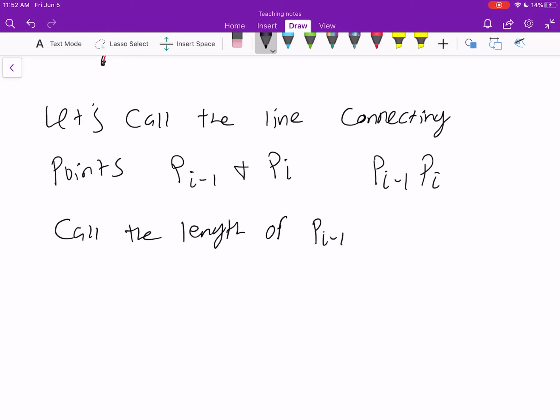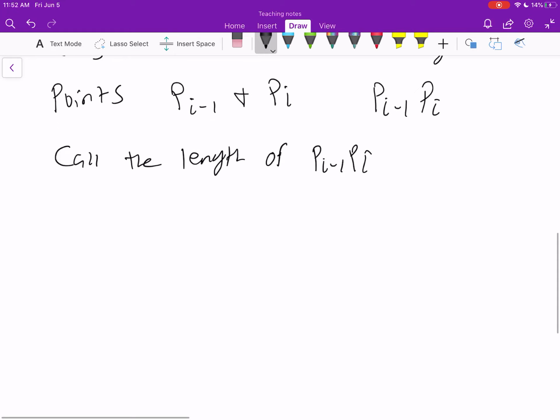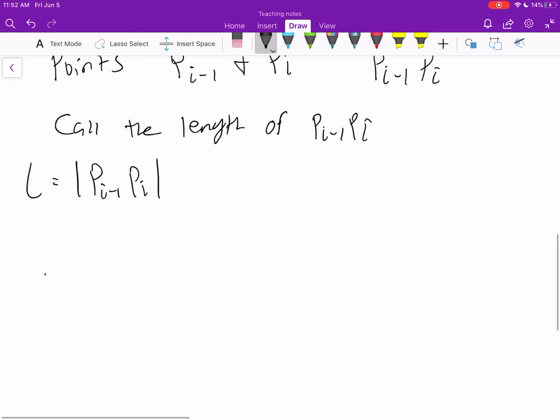And we'll call the length of P sub i minus 1 P sub i, we're going to write it like this, with absolute value signs around it. There's a reason for this, and you'll understand a little more when you get into higher dimensional spaces. Then the approximation will be, we're going to add up all these line lengths.